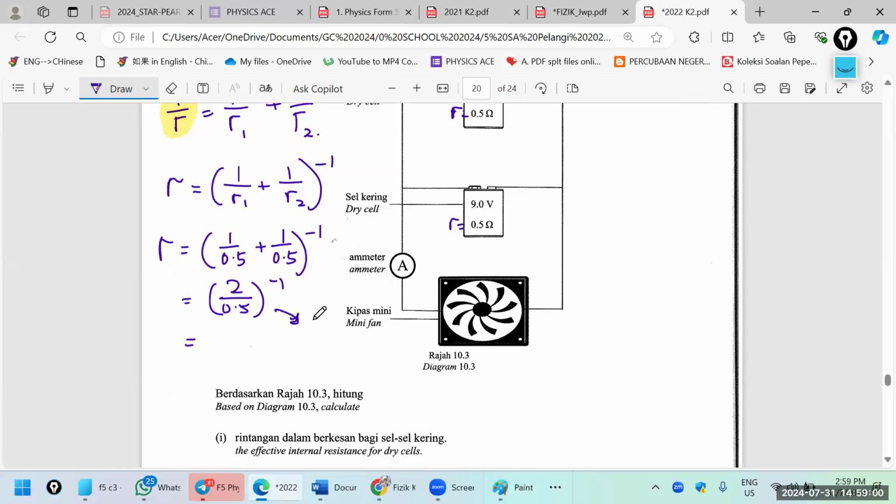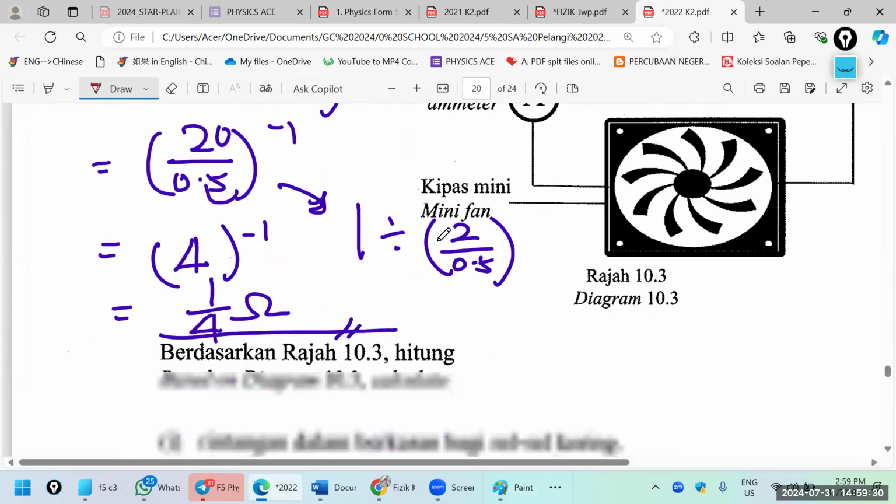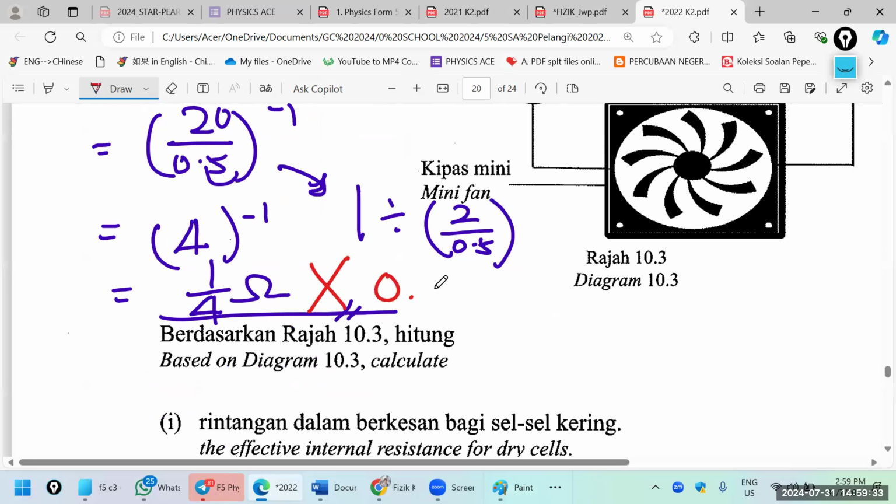Or you use 1 divided by 2 over 0.5. Understand? Then you get 1 over 4. Can I leave the answer in this way, 1 over 4? Cannot. If you write the fraction directly it is wrong. Please write it as decimal, can?